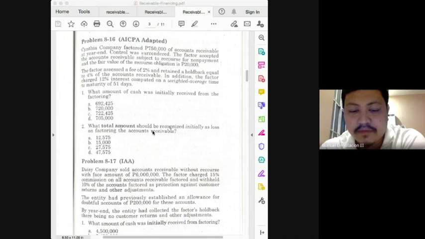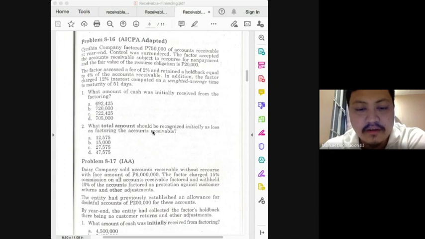Okay, so 750 times the rate of interest of 12%, but only for 51 days, since that is the average number of days our receivables will remain outstanding, divided by 365, because what is being used is the weighted average.